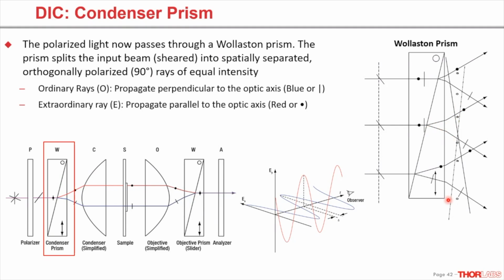And then these rays will pass through a second birefringent material that has an opposite optical axis. So then you'll start to see a delay of the E versus the O wave, and as those rays come out on the opposite side, you'll see that on the bottom part of the Wollaston prism, the E wave will be ahead of the O wave.